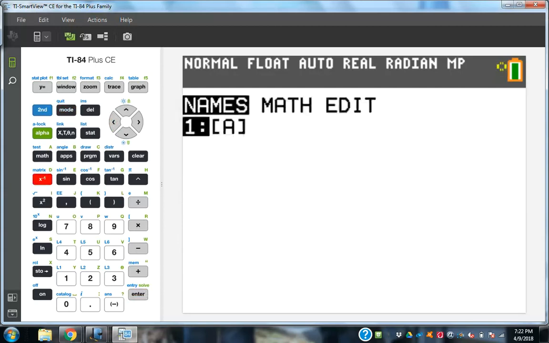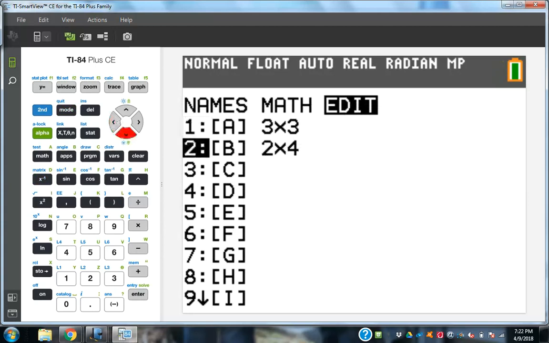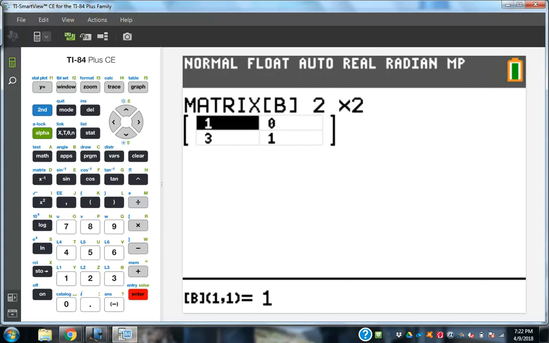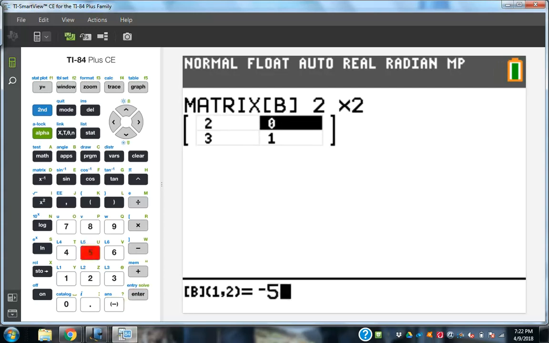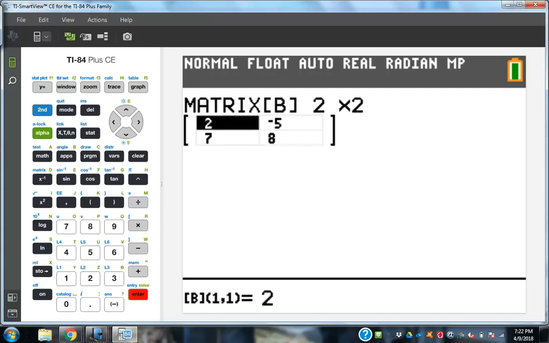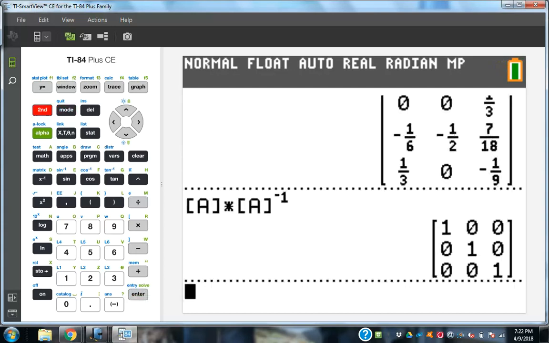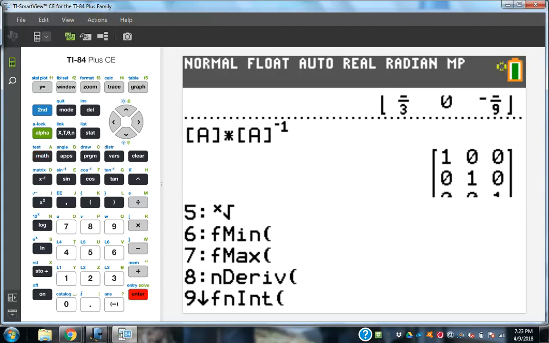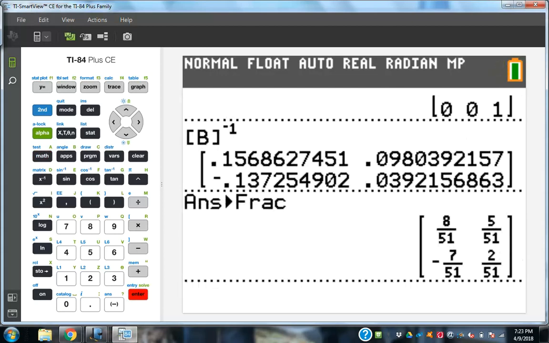I'll confuse people if I put it in A, so I'll put it in matrix B. If you can type it in there, you can find the inverse. Definitely don't want to write that as your answer. Math, enter, and it should be able to turn that back into a fraction for you.